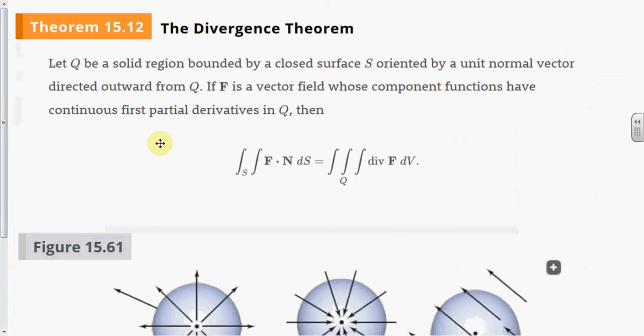Now I'm going to ask you this. Here's what I think is the interesting thing about this. The big thing about the divergence theorem is this triple integral, that I can calculate this double integral by using this triple integral based on the divergence. My question is, what is that?